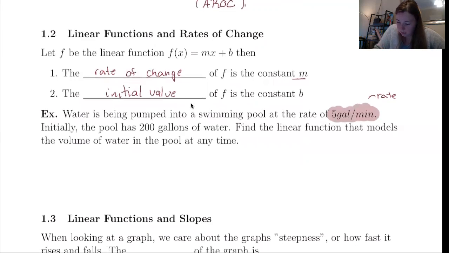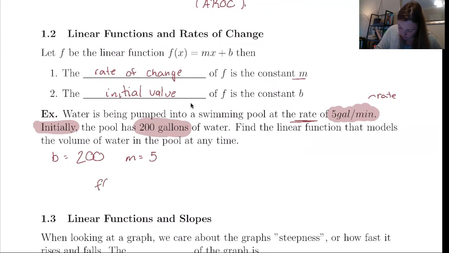Initially, ooh, that's a really big word. Initially, the pool has 200 gallons of water. Perfect. Great. That already tells me that that's my initial condition. So find the linear function that models the volume of water in the pool at any time. All right, so I just saw that my initial value is going to be 200, and the rate is going to be m, which is 5.